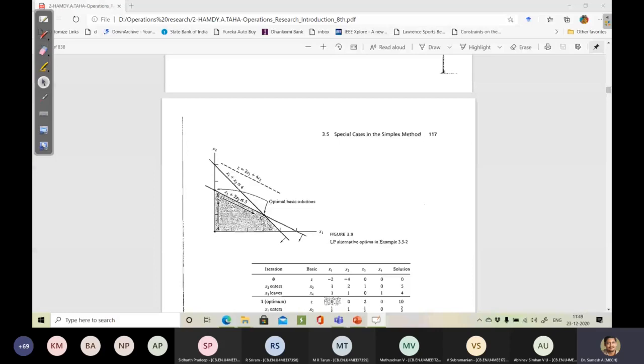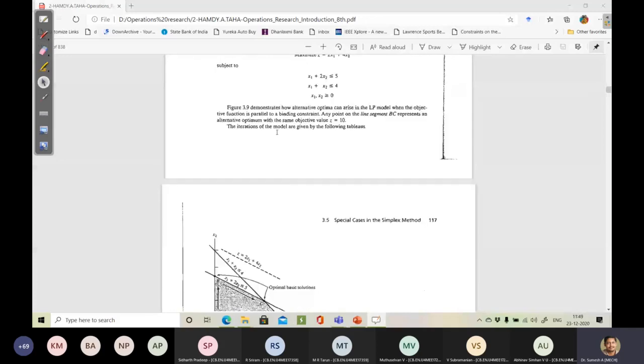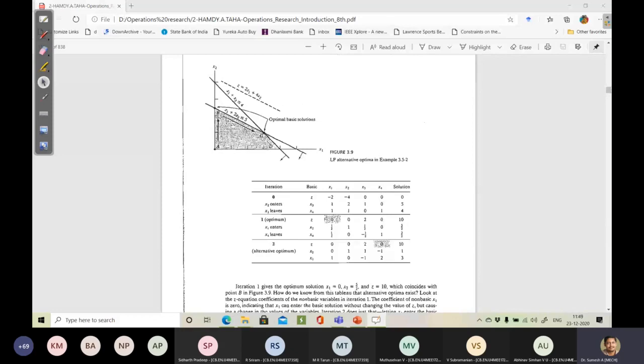So that is called alternative optima. Alternate optima is present in this problem. Alternate optima means you can find more than one optimum point in the solution space. Here x1 is 5 by 2, x2 is 3 by 2, and the z value is 10. The alternate z value is also 10, where the x1 value is 1 and the x2 value is 3.